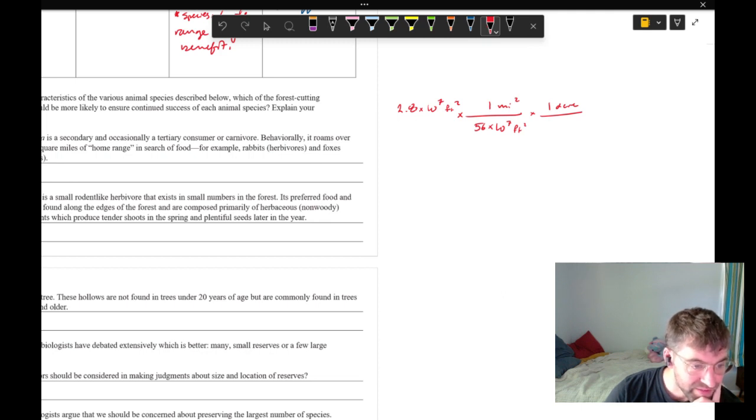Why are we doing it this way? Oh, separate problem. 1 acre equals 2.6 times 10 to the 5th square feet.